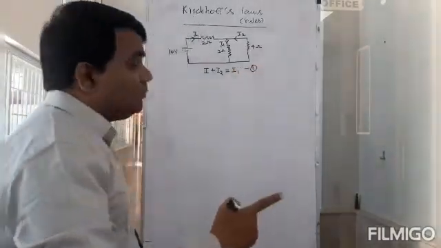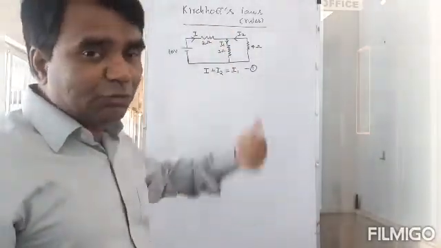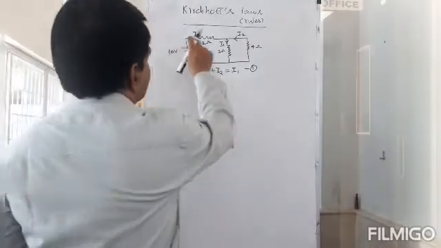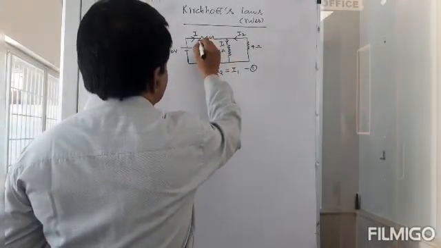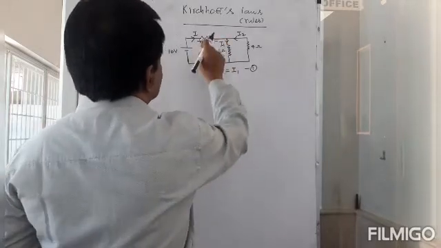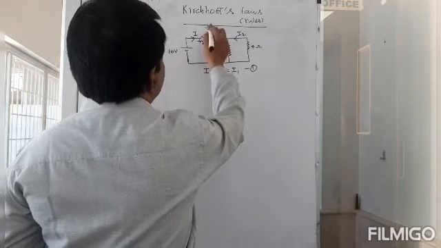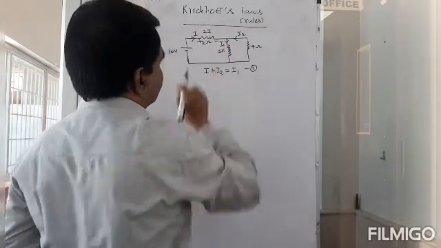So what is the second step? Once you have chosen the current direction, now you need to assign the voltages. Here the current is in this direction, so in this resistor it's going to enter here. So this is positive and this is negative. So this is going to be 2I, the voltage drop across this.